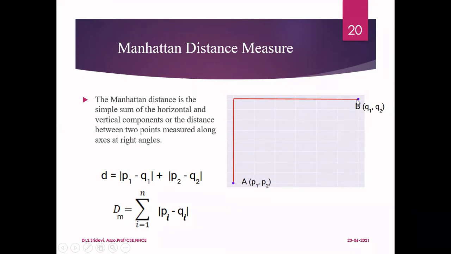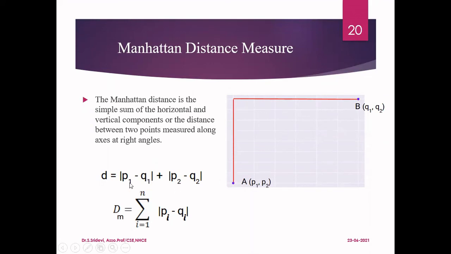In the Pythagoras theorem, we are straightly connecting these 2 points by the shortest line and calculating the distance. But in Manhattan, we are going to move in the 90-degree direction only. So from this point A, I'll move like this. So this is one axis. I'm moving along the vertical axis, the y-axis. And then from this point, I'm moving along the horizontal axis. So when you do that, you will get the final distance.